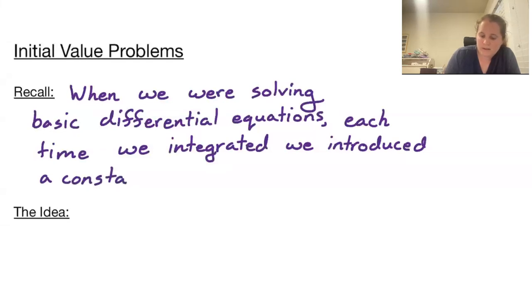Which means that we were introducing infinitely many solutions. So you found infinitely many solutions.